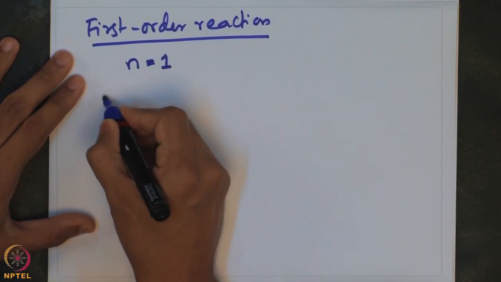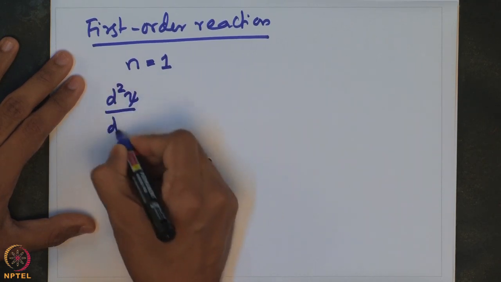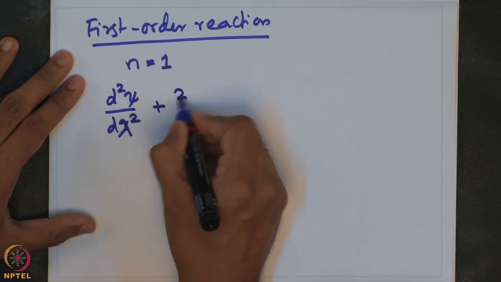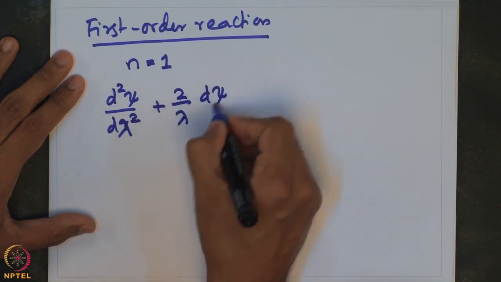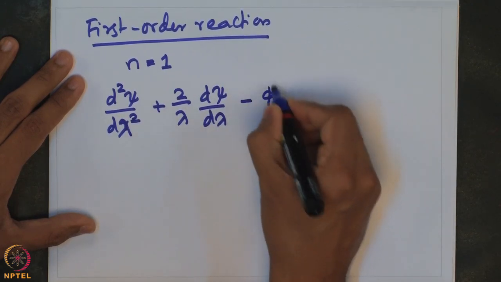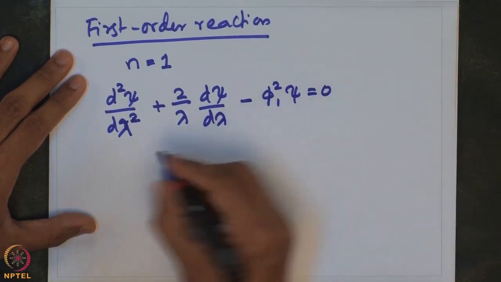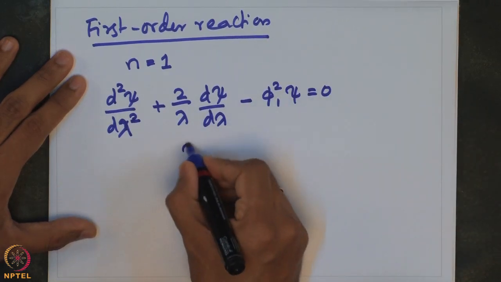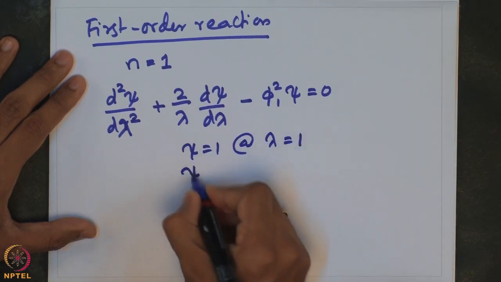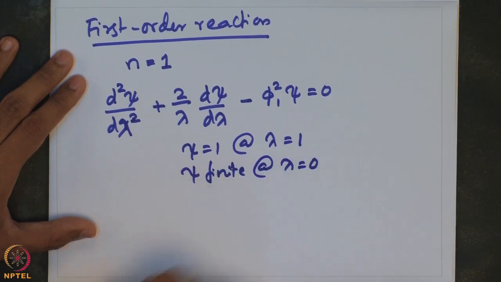the model equation in the dimensionless form is d square psi by d lambda square plus 2 by lambda d psi by d lambda minus phi 1 square into psi equal to 0, and the boundary conditions are psi equal to 1 at lambda equal to 1 and psi is finite at lambda equal to 0.